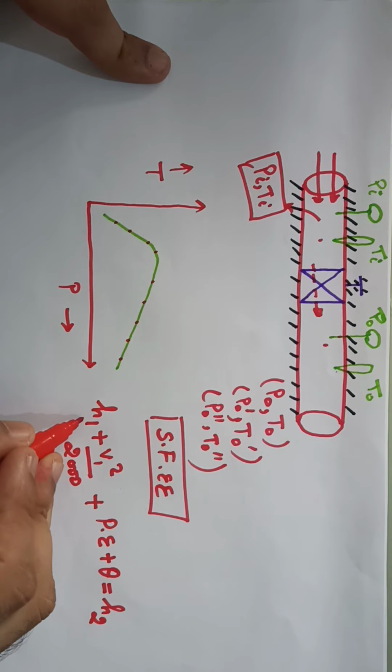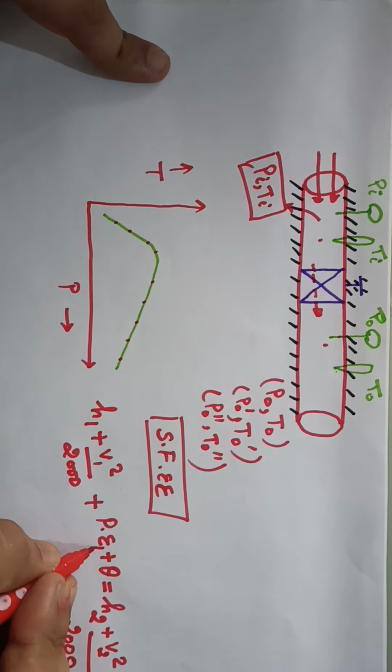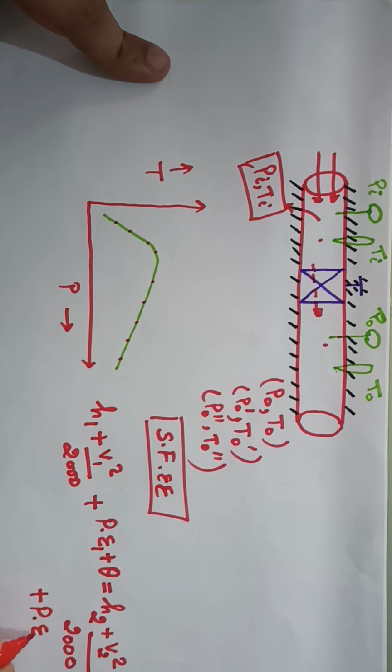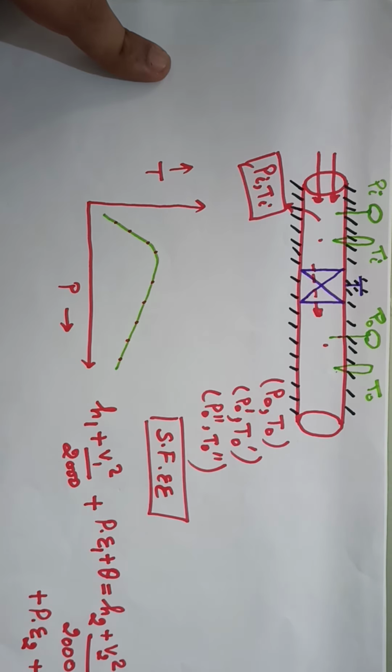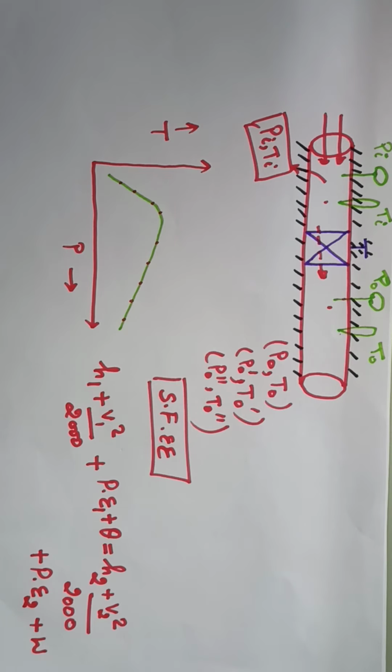One here shows the inlet conditions and two here shows the outlet conditions, plus outlet kinetic energy, plus outlet potential energy, plus any work done. Now let's see what is happening here.